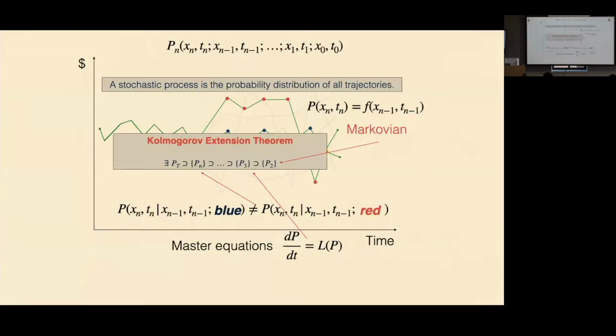Now, there's a nice relationship between all of these objects and the Kolmogorov extension theorem, or the hierarchy of probability distributions. Markovian processes are ones contained by 2-point probability distributions. So if you're guaranteed a Markovian process, then you only need to know this in order to know the rest. You can get everything else from that.